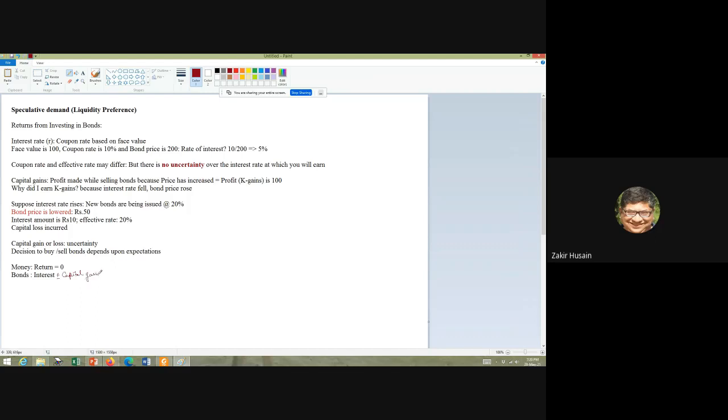You will get interest, but either a capital gain or a capital loss. If it is a capital gain, your interest or your return is even higher.